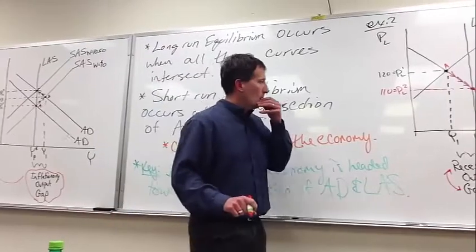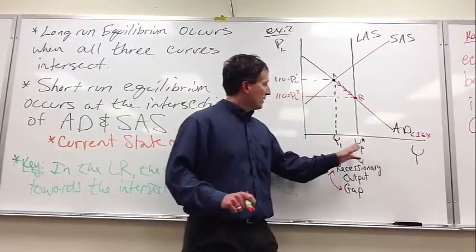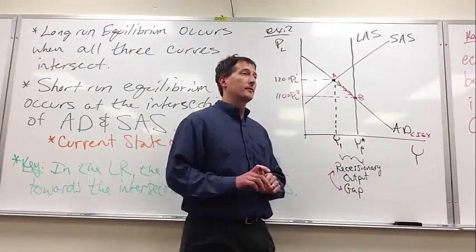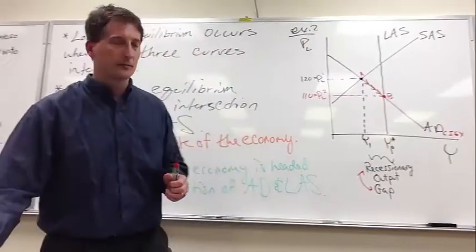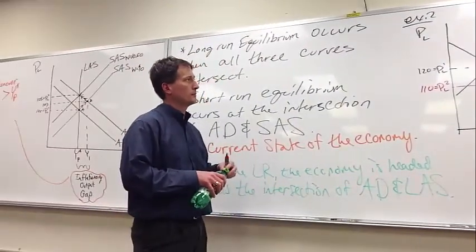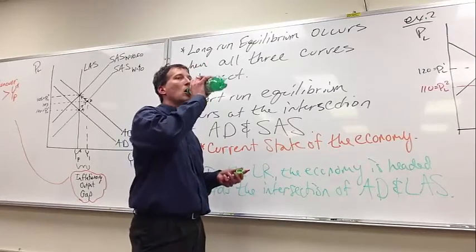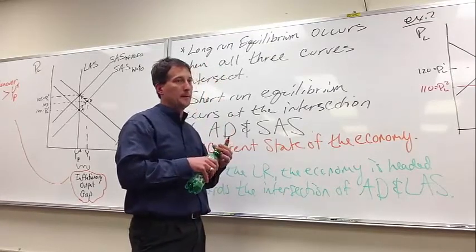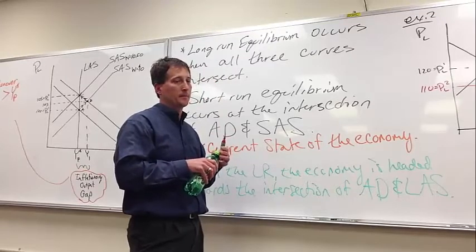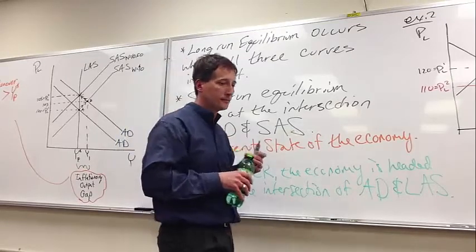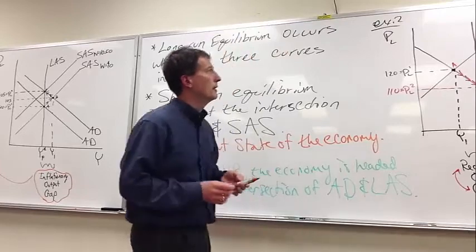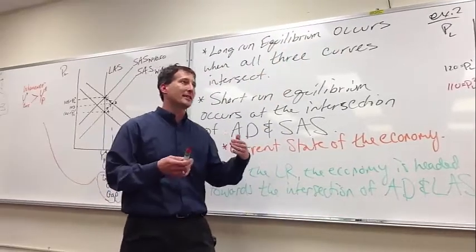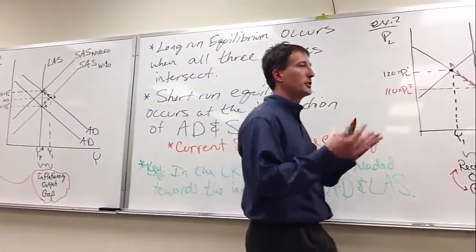All right, so, yes? I just want to make sure I understand this. In this situation, a business is not producing what it could be, maybe because their prices are too low for their wages being too high. And so to correct that, they're going to decrease their wages. They're going to look for ways to reduce costs.